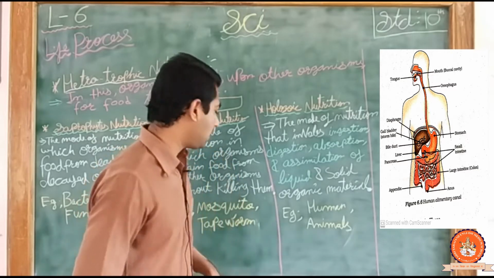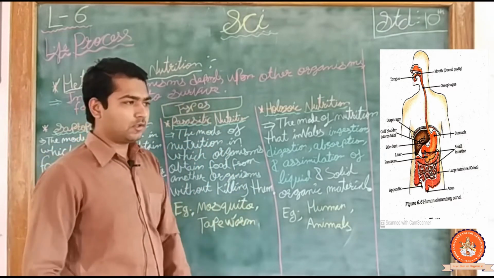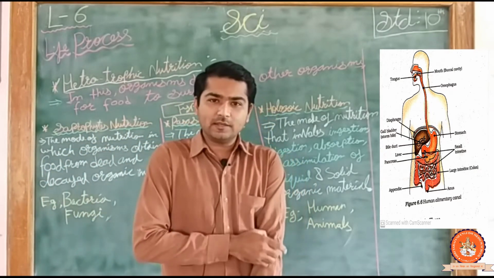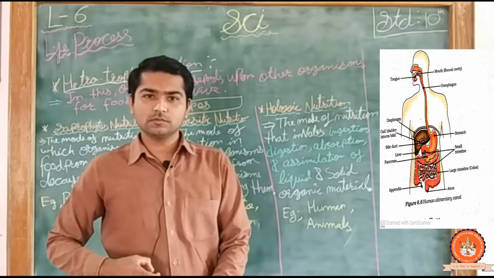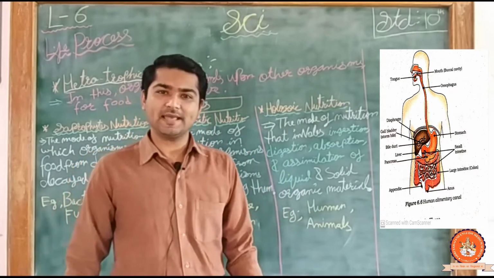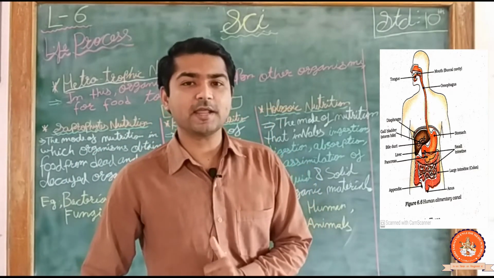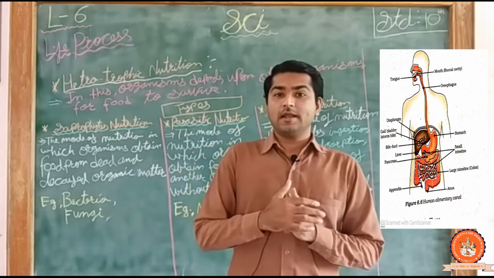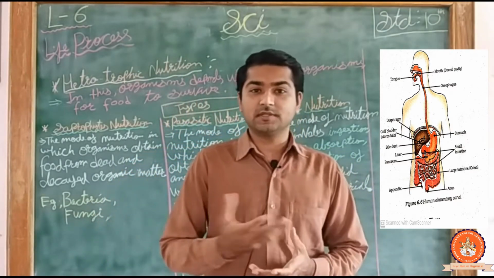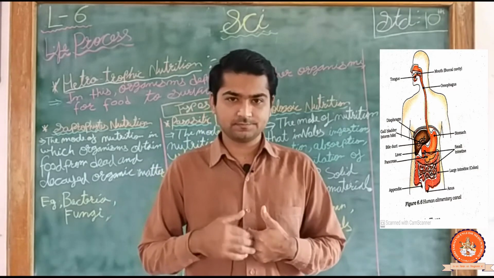For example, mosquito and tapeworm. You already know, मच्छर काट जाता है, ठीक है ना? They don't kill you, they take the food from you and they survive. So mosquito is the first example. Second is the tapeworm. The tapeworm is inside our body, and it survives in our body without killing us. That's all.